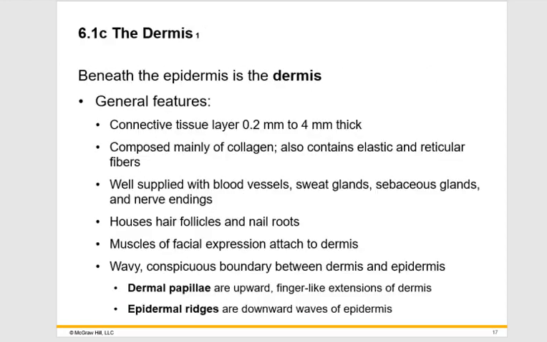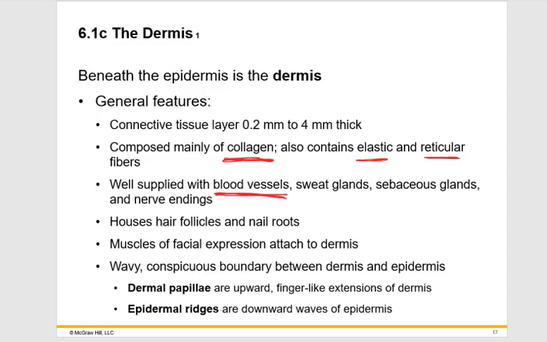Now let's look at the structure of the dermis. Since the dermis is composed of connective tissue, we see fibers. We'll have mainly collagen fibers, but also some elastic and even some reticular fibers. A lot of blood vessels because this is a connective tissue.